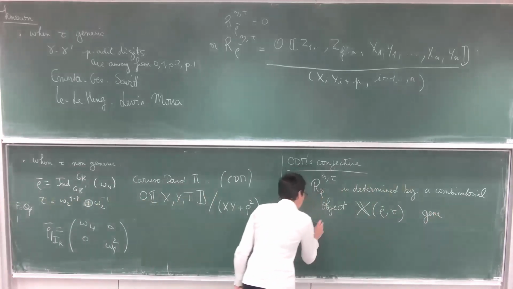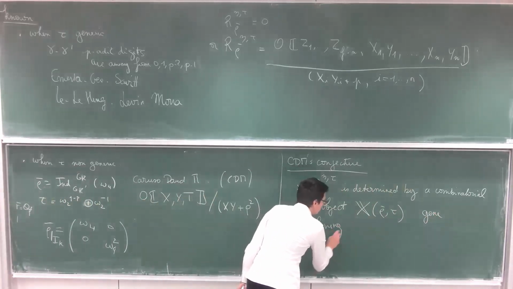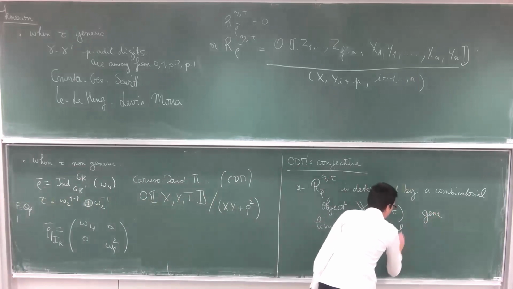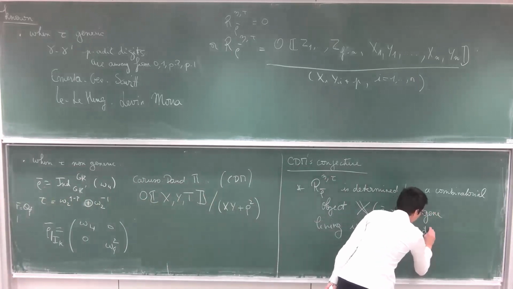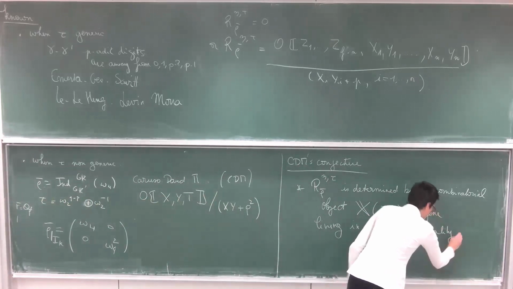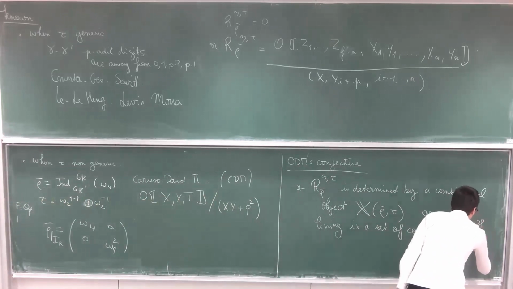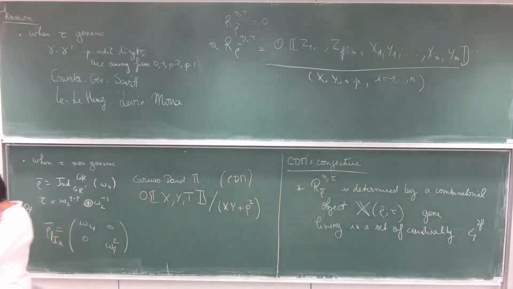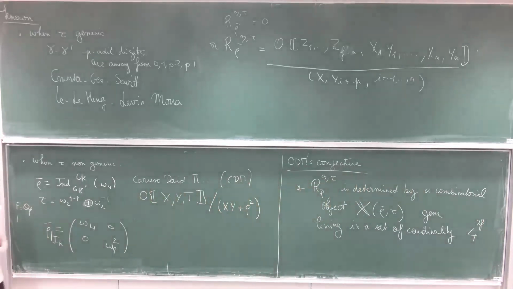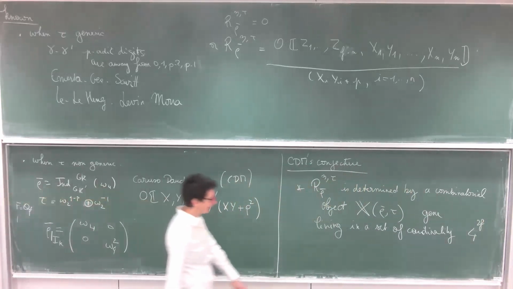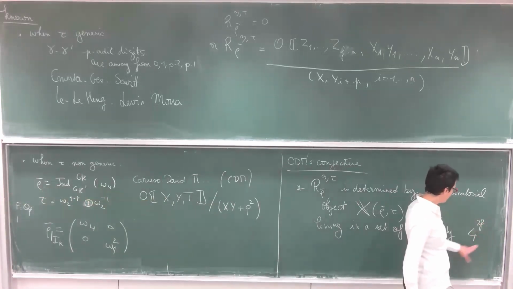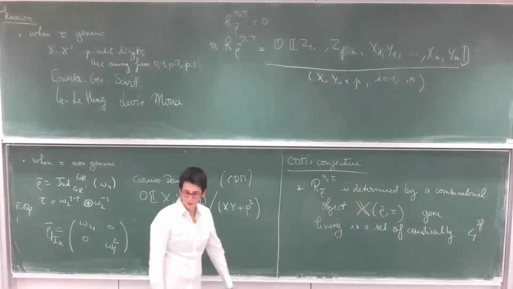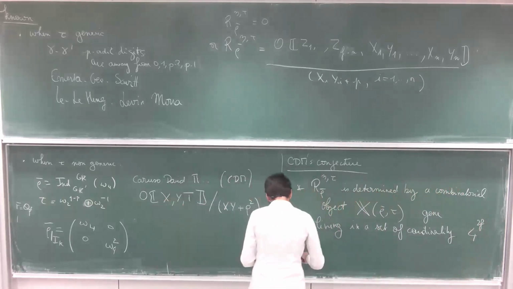This gene lives in a set of cardinality 4 to the power 2f. So you don't have a lot of deformation rings, only this number of different deformation rings. That's the first conjecture.